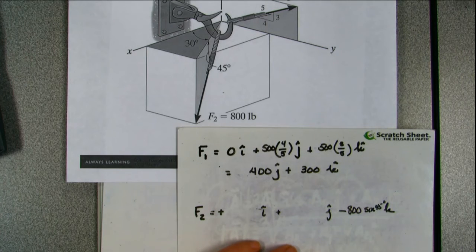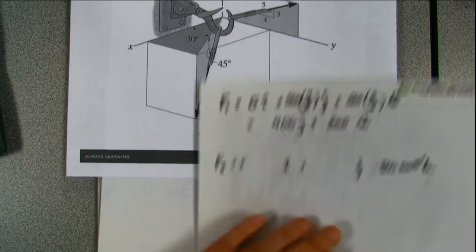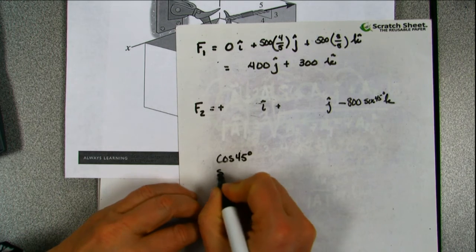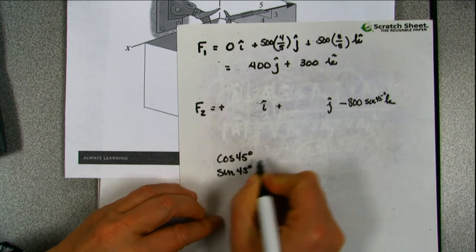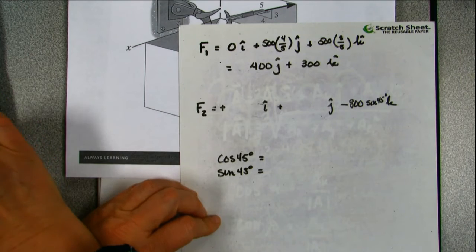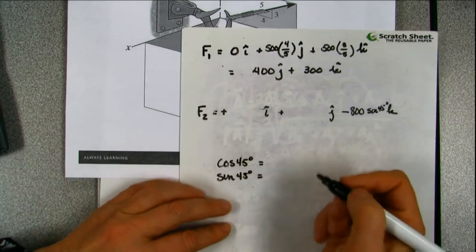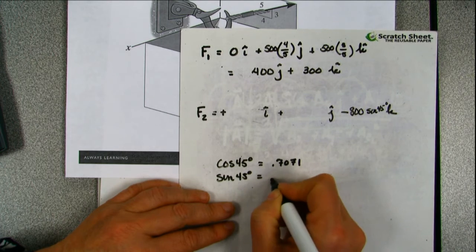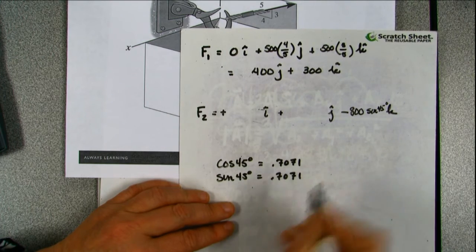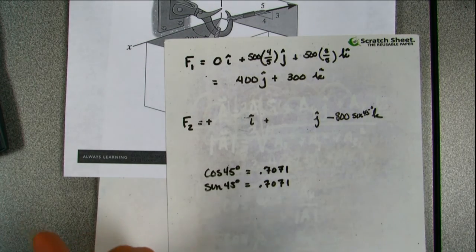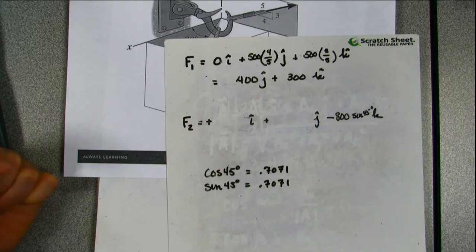Now, lucky for us, with sine and cosine of 45 degrees, if I do cosine of 45 degrees and sine of 45 degrees, it should be 0.707, but we'll do it. This is equal to 0.7071, and this is 0.7071. Lucky for us, if we screw up here, because it's a 45-degree triangle, we're going to be okay.